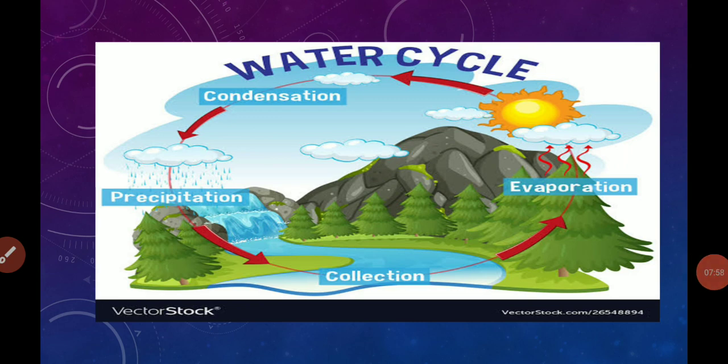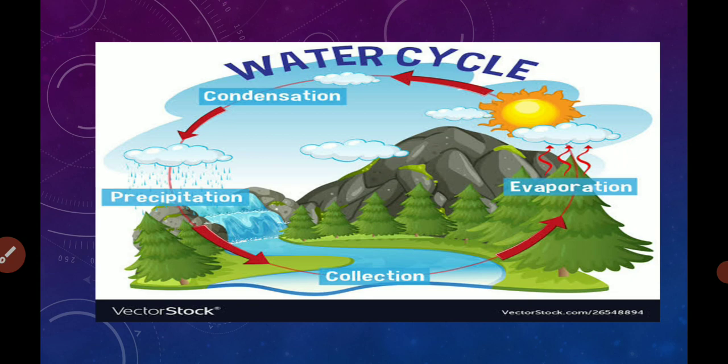Water cycle. What is water cycle? Water cycle is the continuous movement of water between the earth and the atmosphere. All of you look at this one. During the daytime, the temperature increases due to the sun's heat.